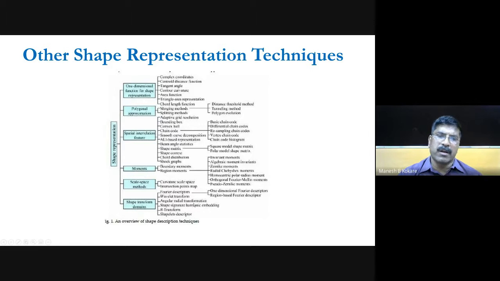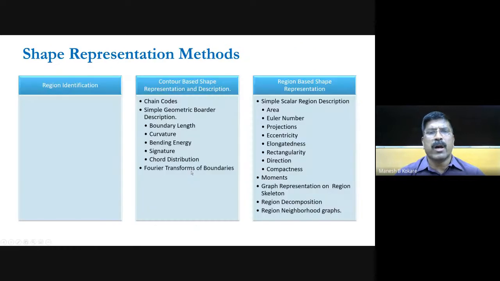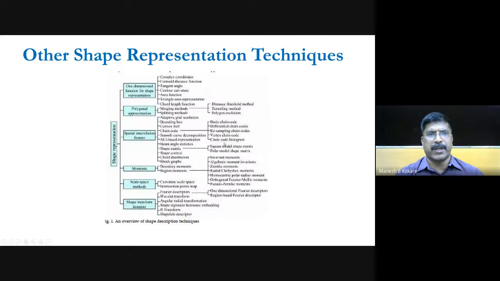Angular radial transformation, shape signature, harmonic embedding, then R transform, and then shapelet descriptor are also there. So these are the various techniques available for extracting the shape features. Out of that, we are going to study these features of shape representation.